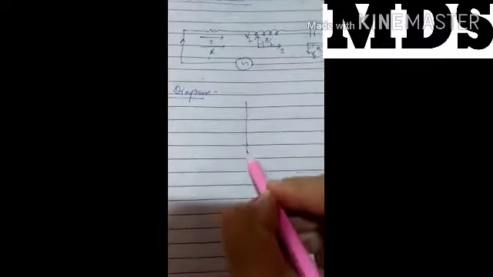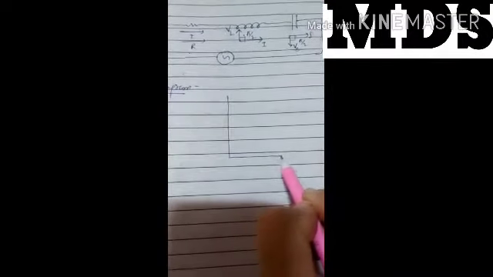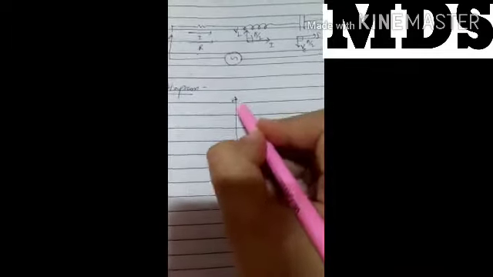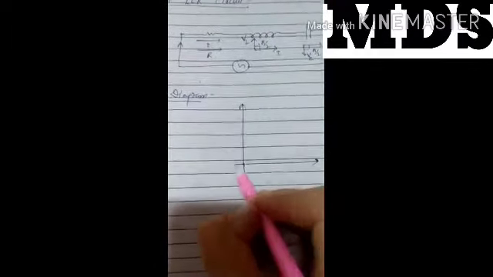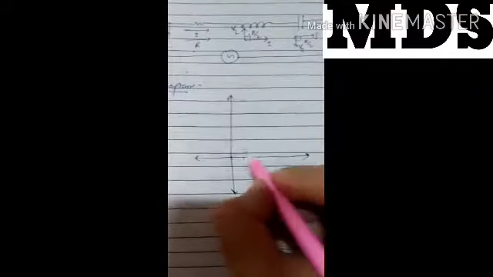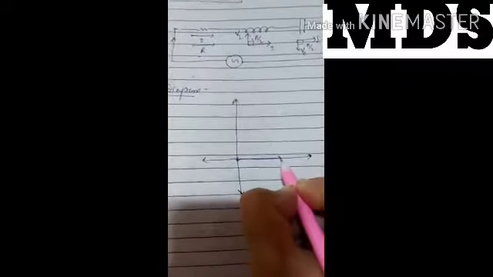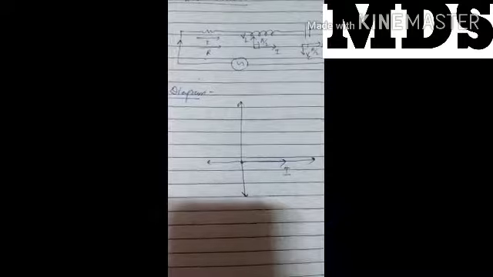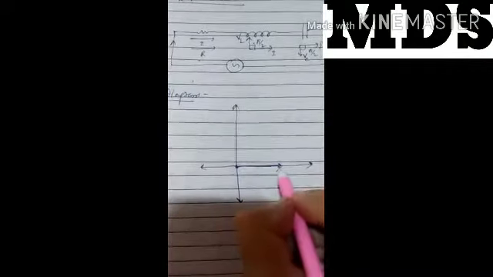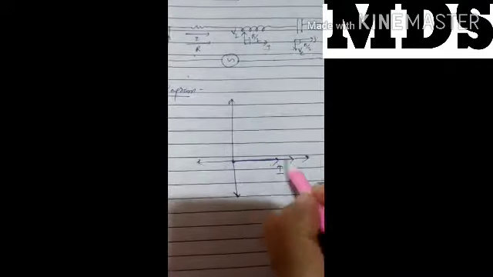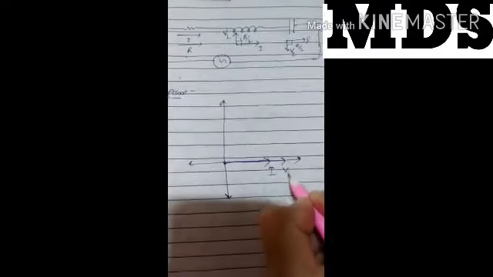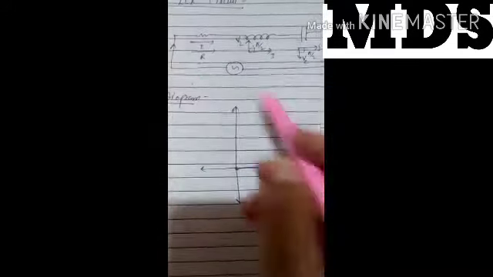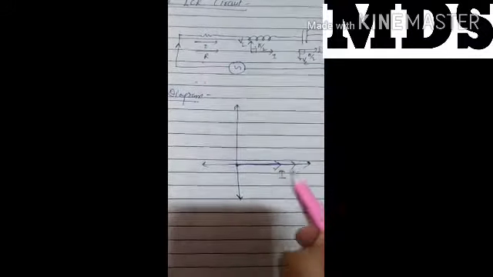Then we make the phasor diagram, taking the x-axis and the y-axis. If the current is acting along this, then the resistance voltage VR will act in the same phase as the current, so we indicate it like this.